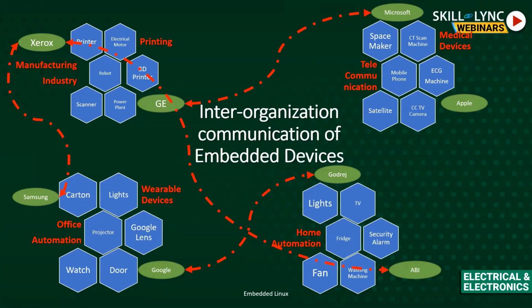Just to give an example, using the smartphone, as I said, we can control the lights, fan, fridge, or TV. Another example is that using a mobile phone, we can give a print command. Another example is that the health of these devices we can monitor using the Azure platform, which is owned by Microsoft. So the industries at present are communicating with each other.